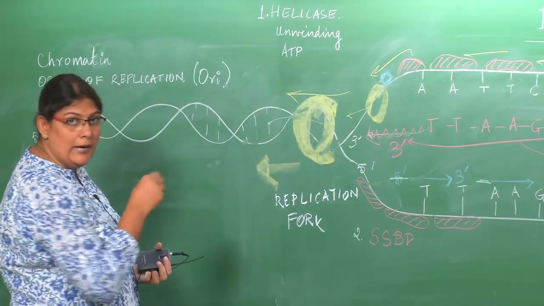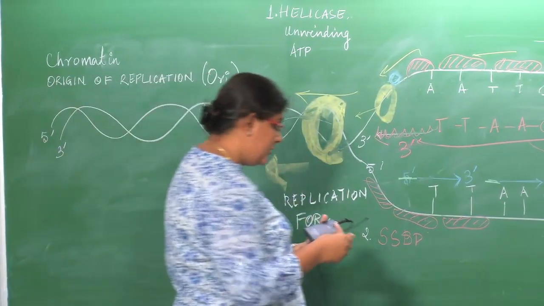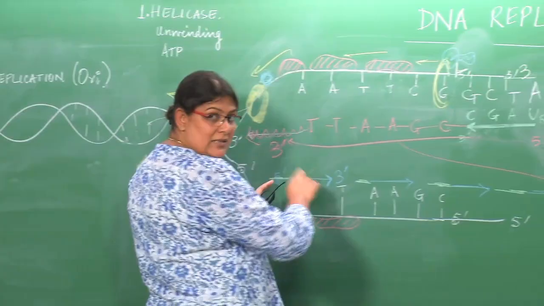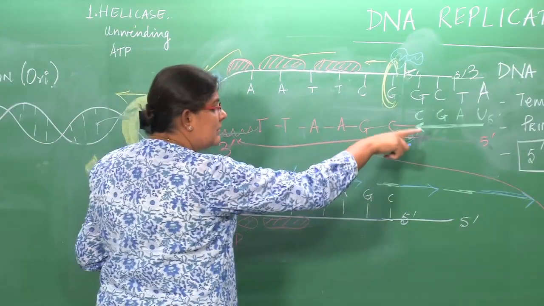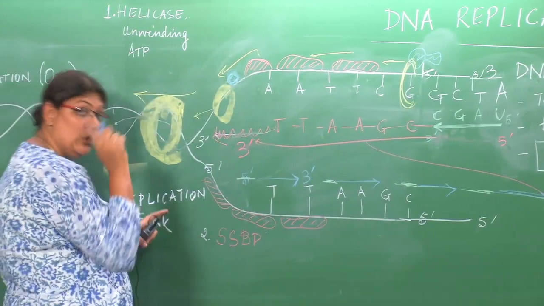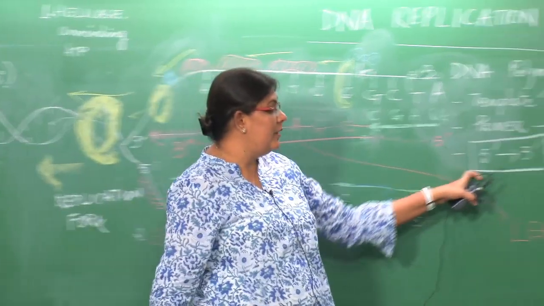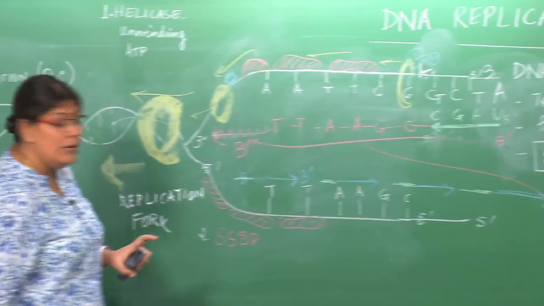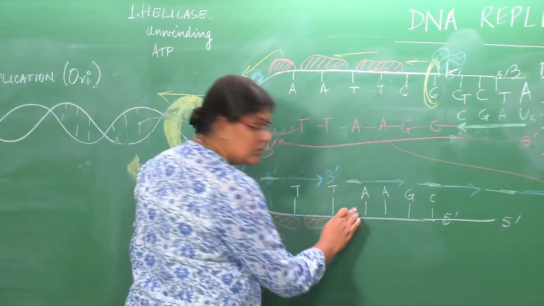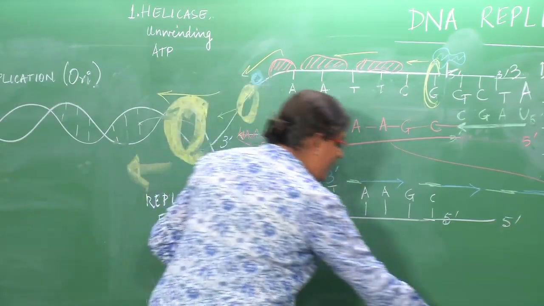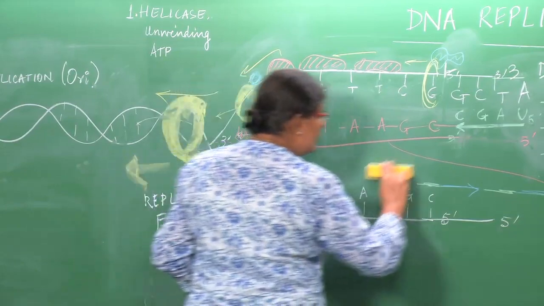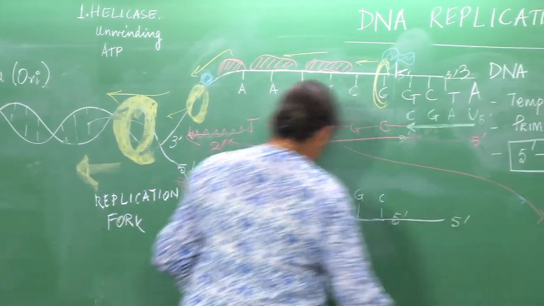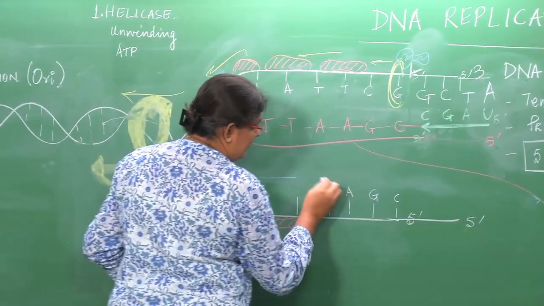So, what you find is that when you have these short stretches synthesized, the second strand is not getting synthesized in a continuous manner. Though it is getting synthesized in a 5 prime to 3 prime direction, it is not happening in a continuous manner. And what happens for this one is that you end up having small stretches of new strands synthesized.